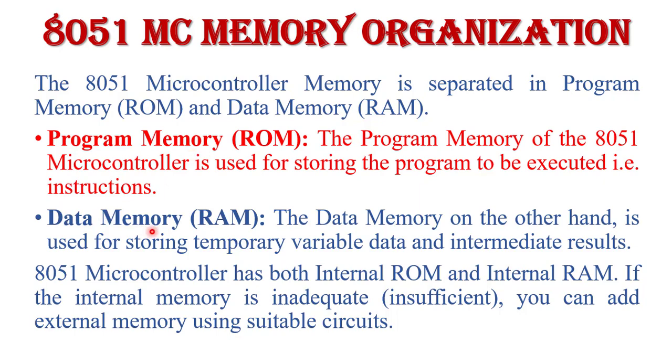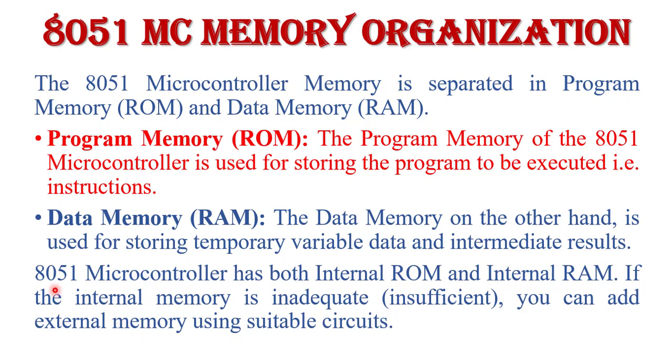Next is data memory. For data memory, we use RAM. RAM is random access memory, which is basically used for temporary storing of data or intermediate results. So there are two memories, RAM and ROM. For data memory, we use RAM, and for program memory, we use ROM.